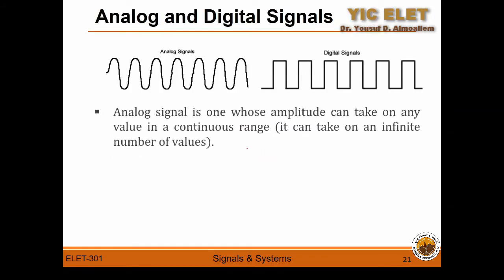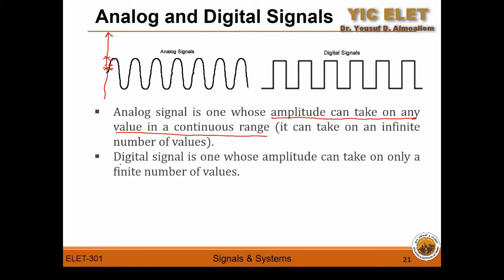Moving to analog versus digital signals. Analog signals are those whose amplitude can take on any value of a continuous range. Now we're talking about the vertical axis. So it could take a value here, there, any point. It could take any value in between. Compared to the discrete or digital signals, the vertical axis takes only certain values, either here or there.